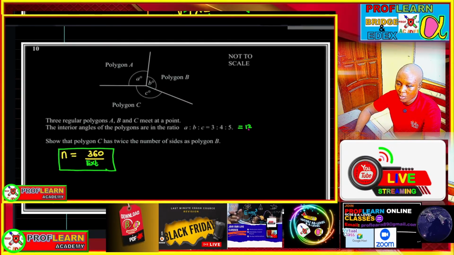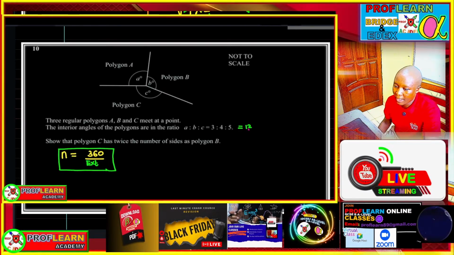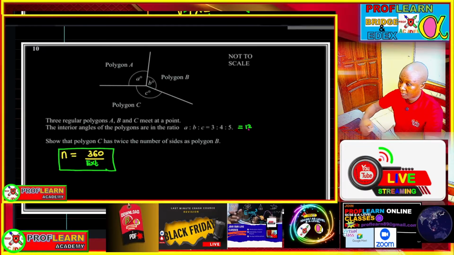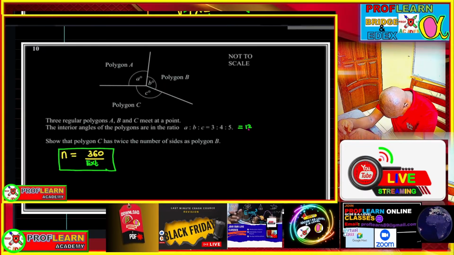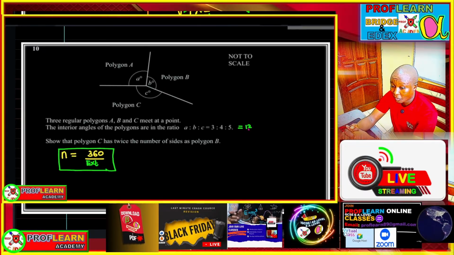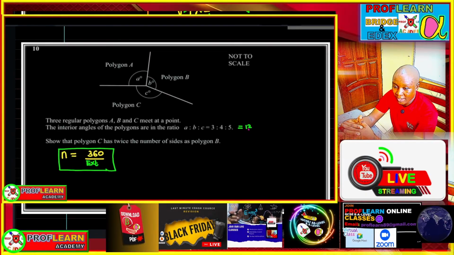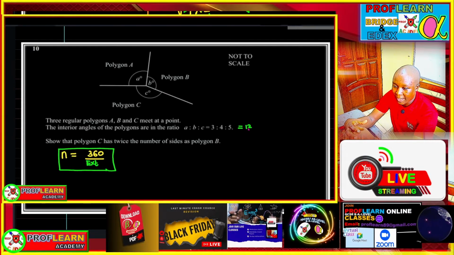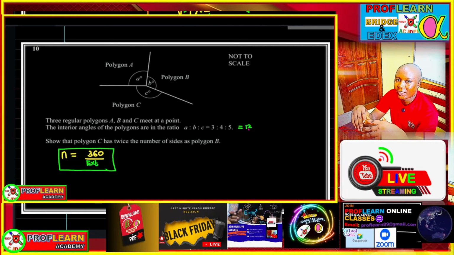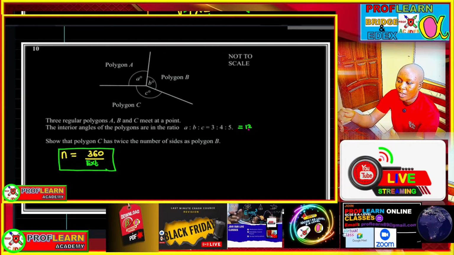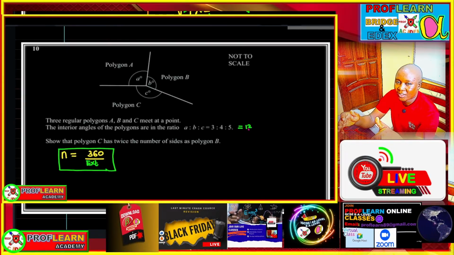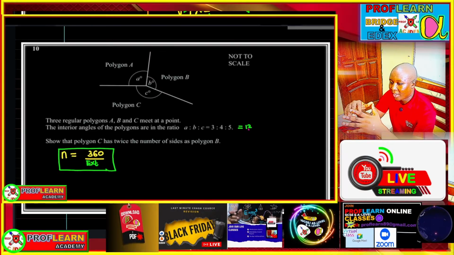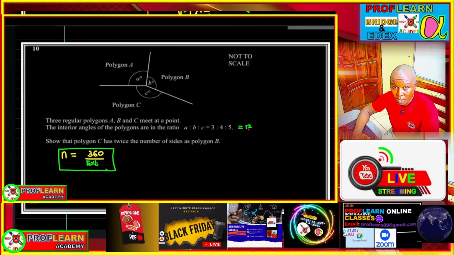But remember, we are told to show that polygon C has twice the number of sides as polygon B. So we need to know the size of interior angles of polygon C and B. Then they will enable us to find the size of the exterior angle, and the exterior angle will enable us to find the number of sides. Now let me walk you slowly on how you need to go about that.